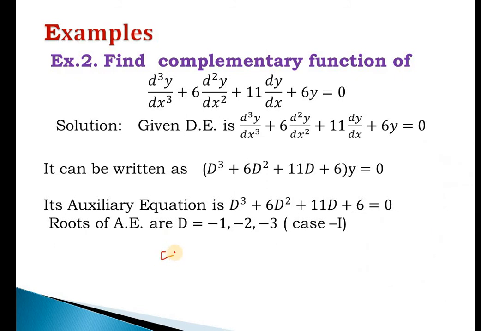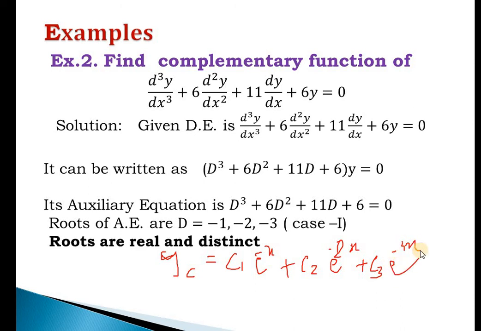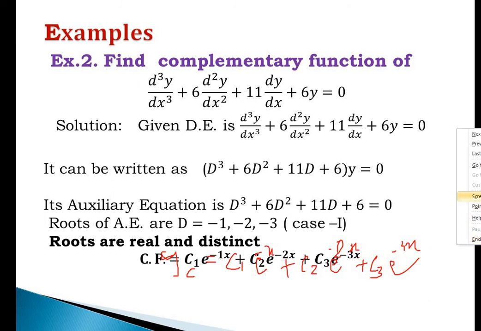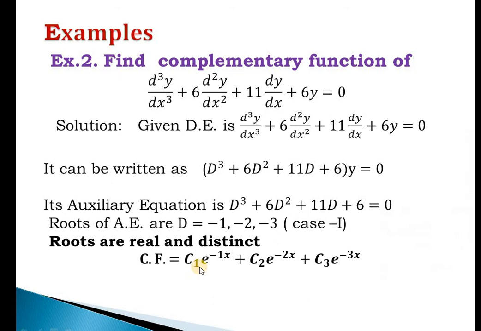CF, or I write yC, is equal to C1 e raised to m1 x, that is minus x, plus C2 e raised to minus 2x plus C3 e raised to minus 3x. Okay, so you can see the solution.